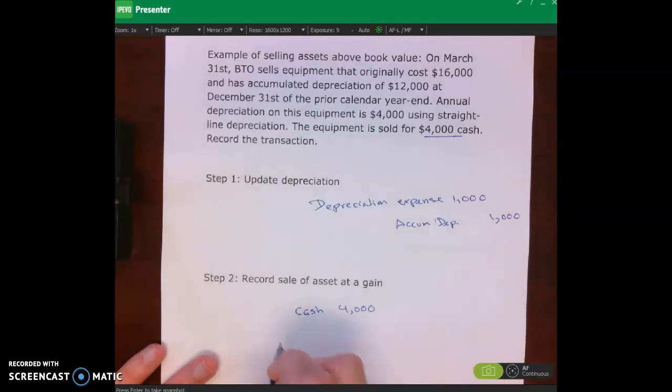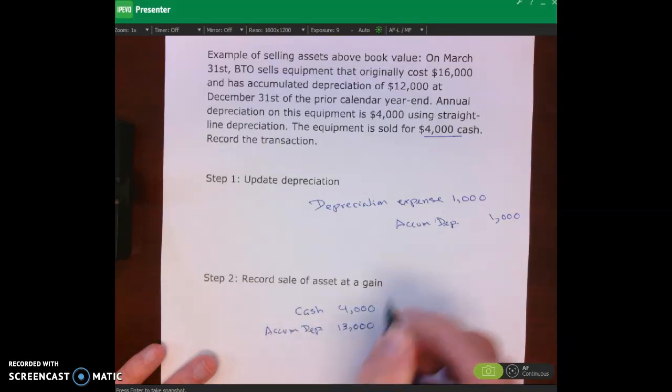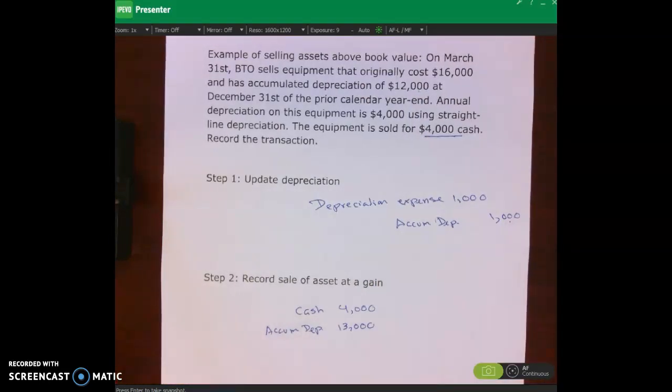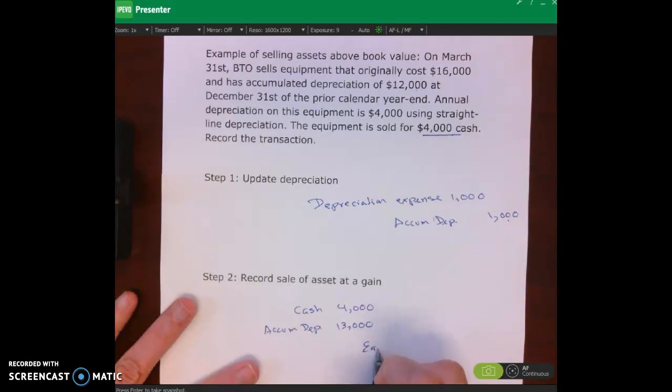I will debit accumulated depreciation for my $13,000. Remember, it's my $12,000 here plus my $1,000 right there. Okay. And then what I will do is I will credit my equipment for my $16,000.